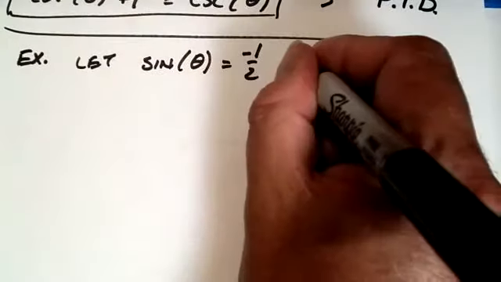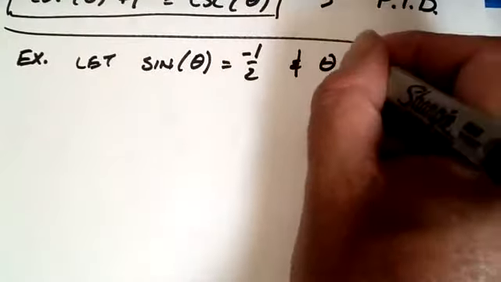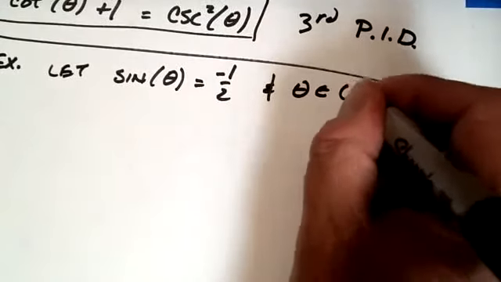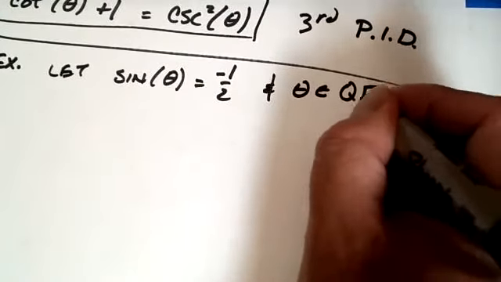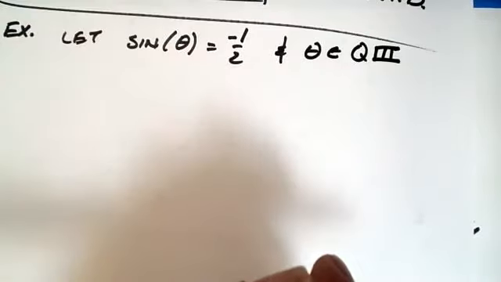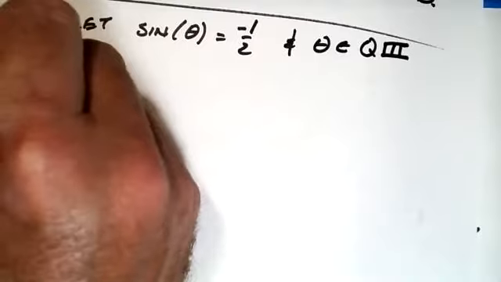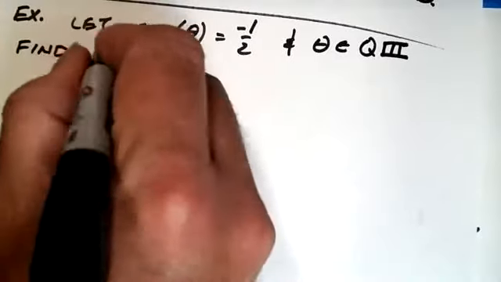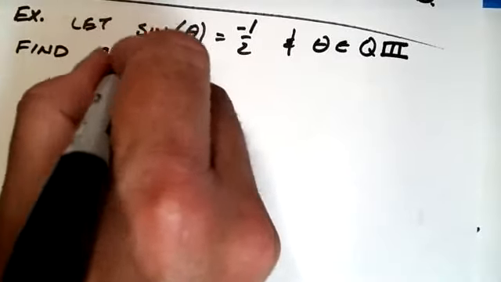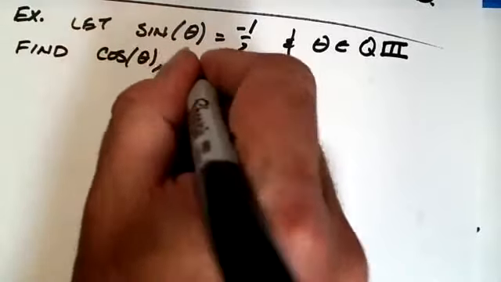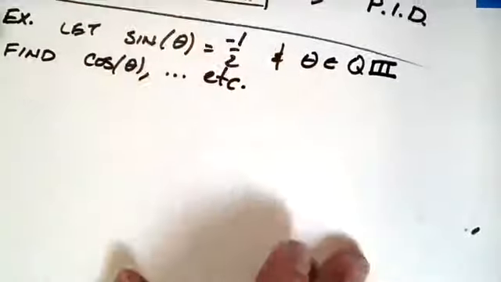Let's just say theta is in quadrant 3. And we don't need to find them all, but we might as well, since it's the first time we've done it. So find cosine of theta, etc. So find them all, okay?